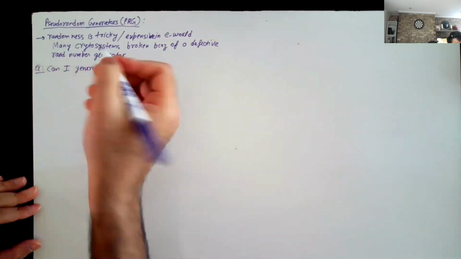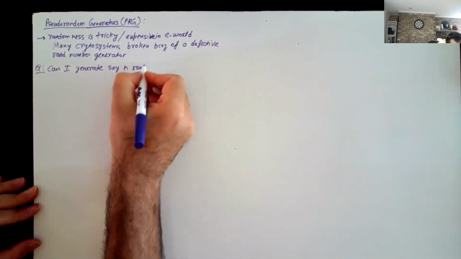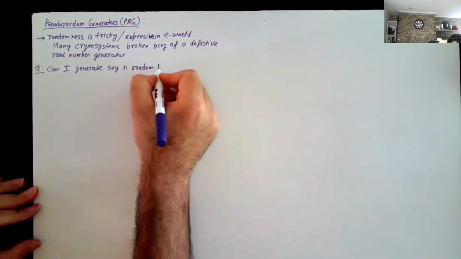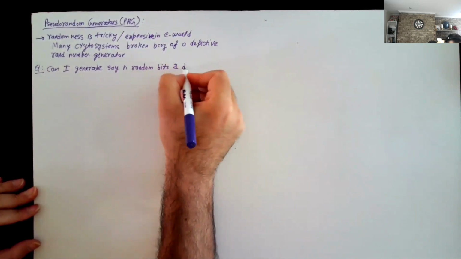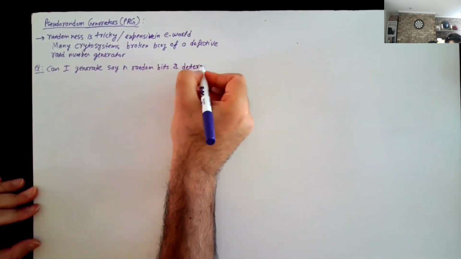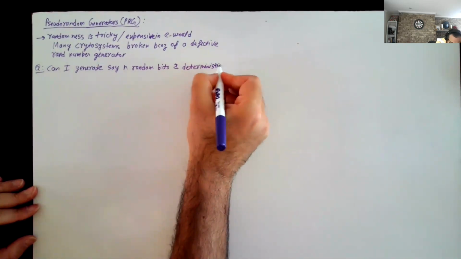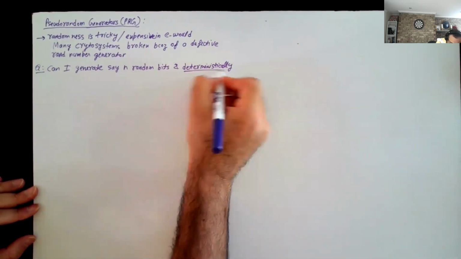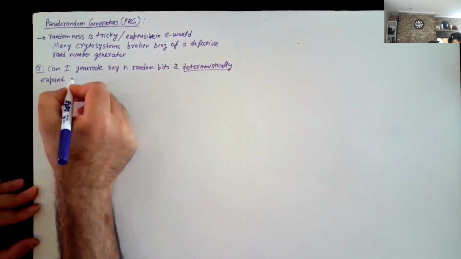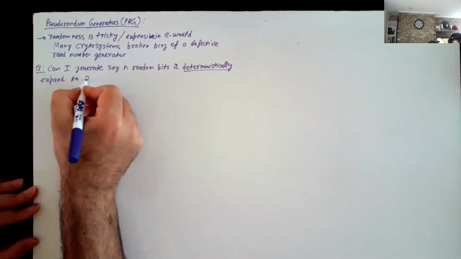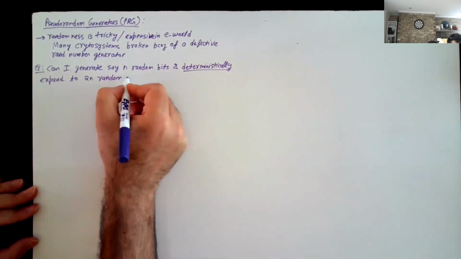So can I generate, say, n random bits and deterministically expand to 2n random bits?